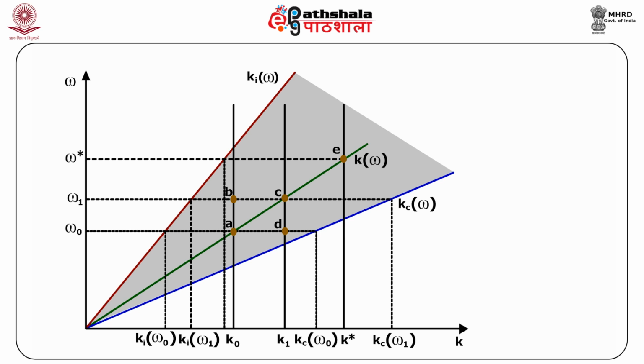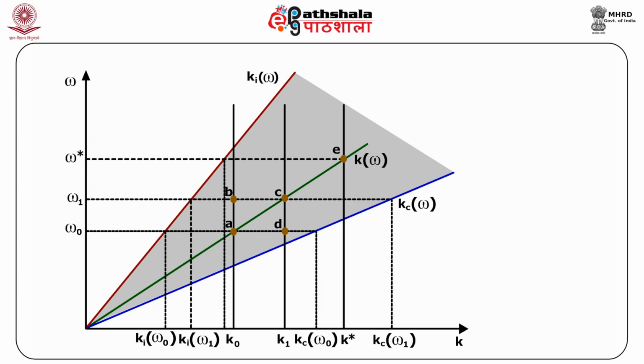So for the initial K0, we must search for a market clearing factor price ratio that makes demand equal to supply. The line K omega in the figure maps out the locus of equilibrium factor prices for every aggregate capital labor ratio. The fact that this is upward sloping everywhere and lies between the boundaries is important. Suppose we begin at K0. The locus K omega tells us that omega 0 is the market clearing factor price ratio.